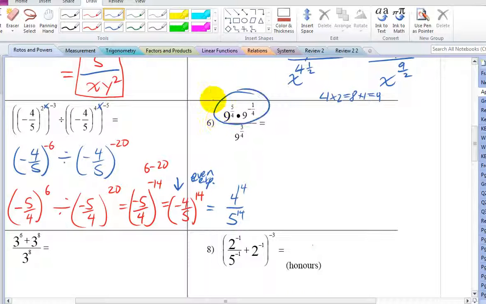Here we go. Here's the multiplication. Do the multiplication. Go. Oh, by the way, there's a negative sign here. If you can't see it, it's negative 1/4. Okay. So what do we do when we multiply? We add. So 5 over 4 plus negative 1/4.